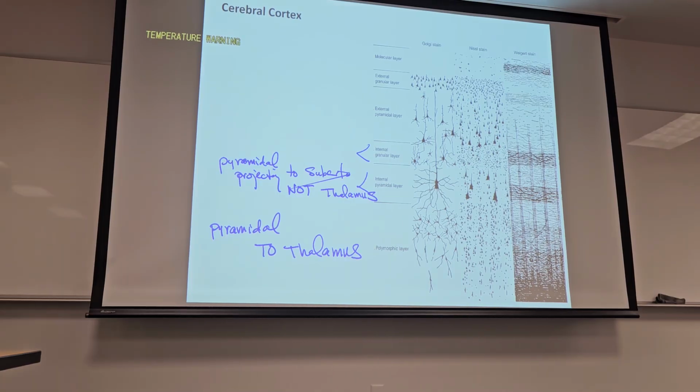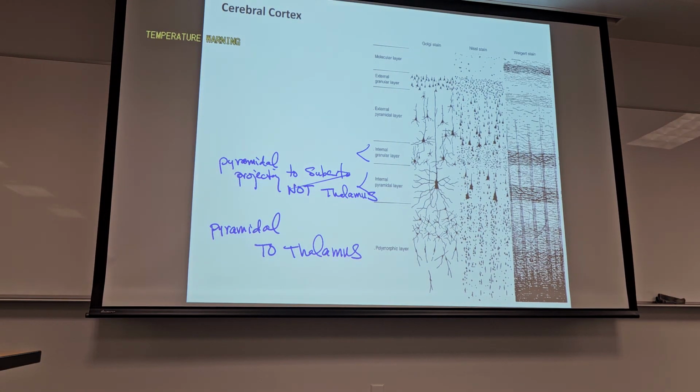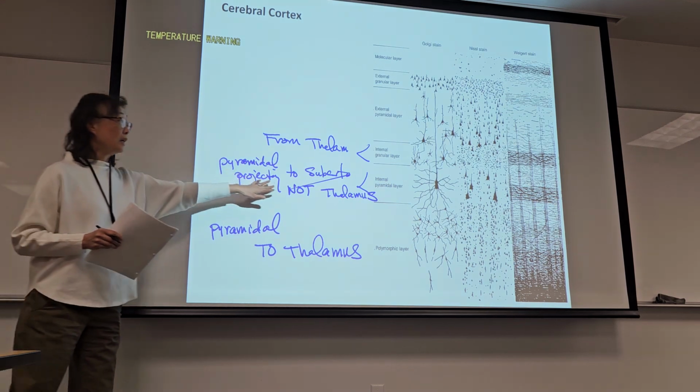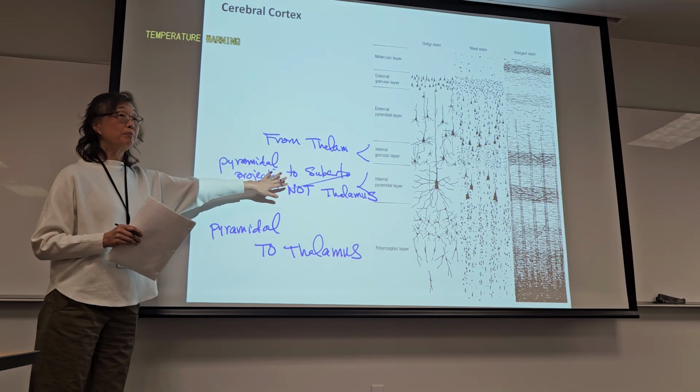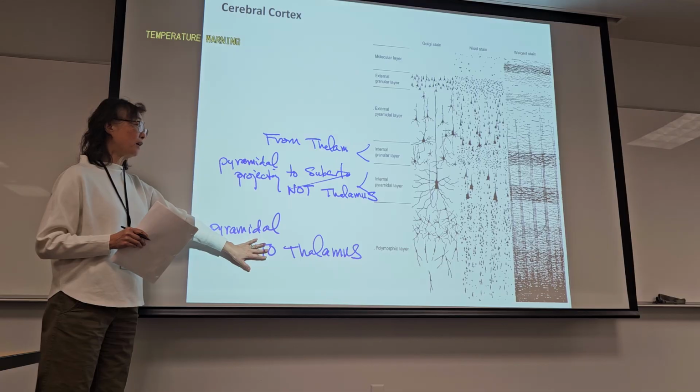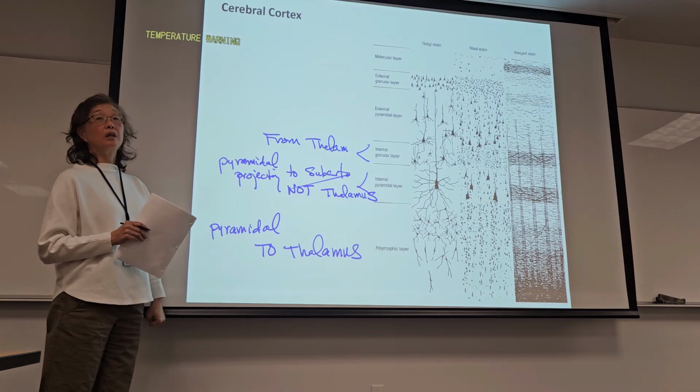So, you have the granule cell layer, which is from the thalamus. The internal pyramidal is all other places but the thalamus, and then this final polymorphic layer is to the thalamus.